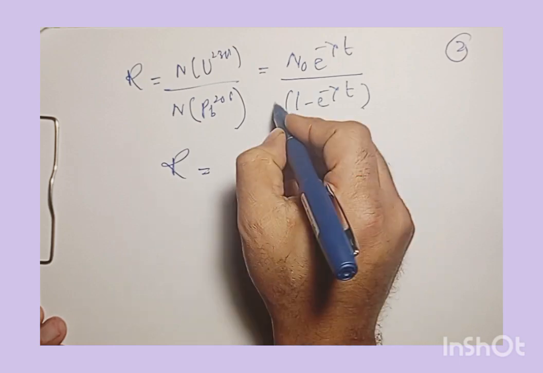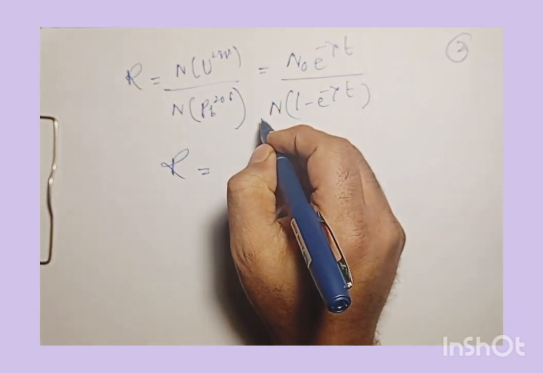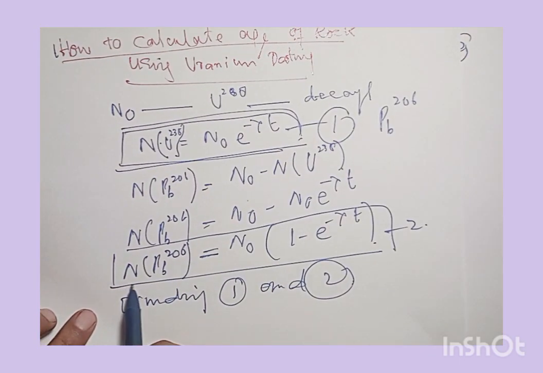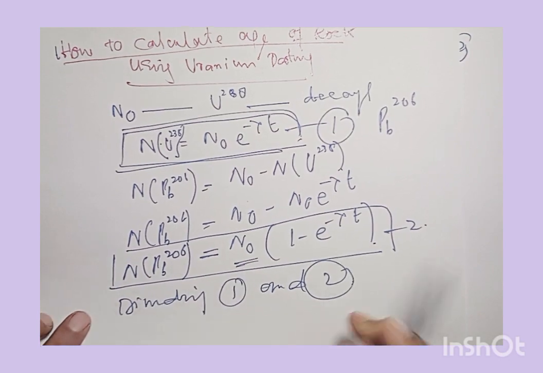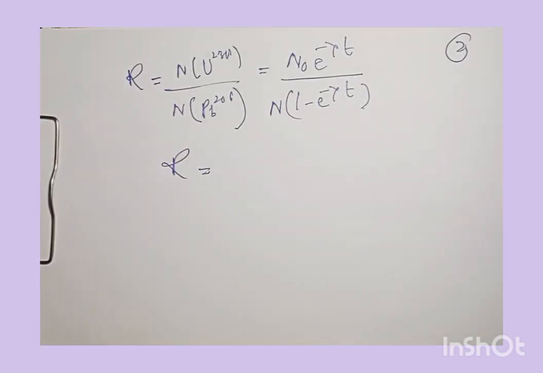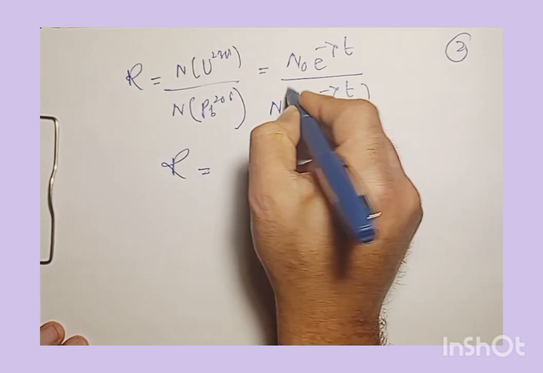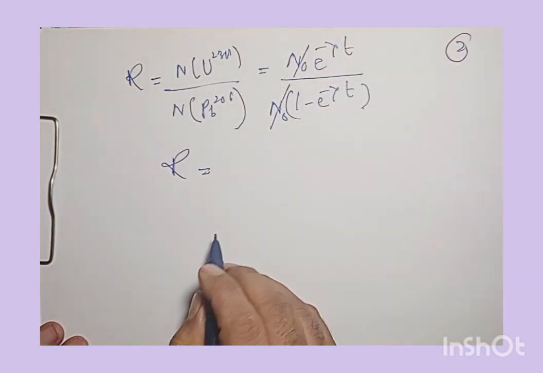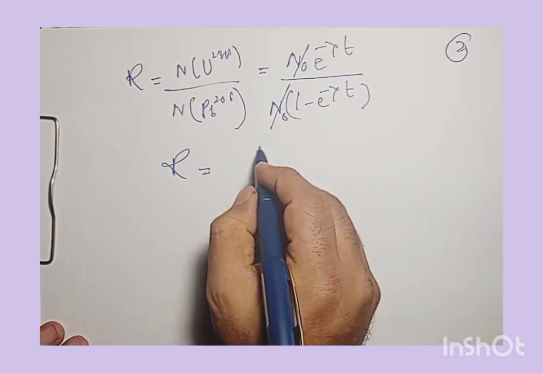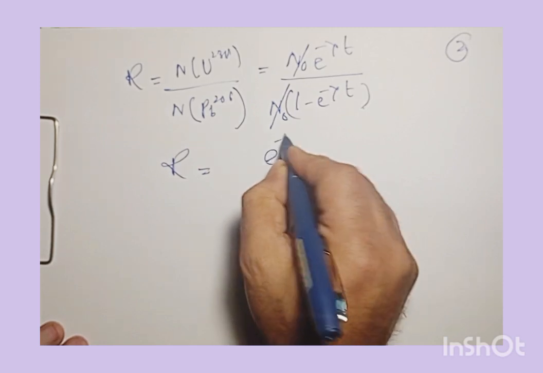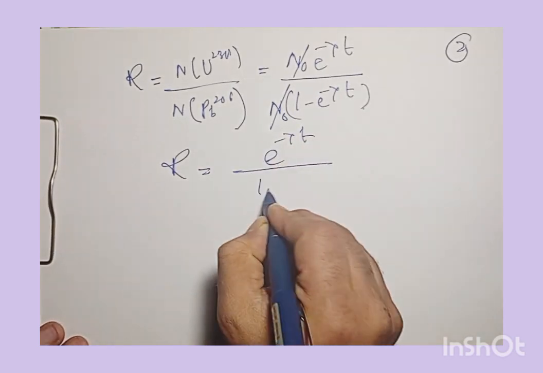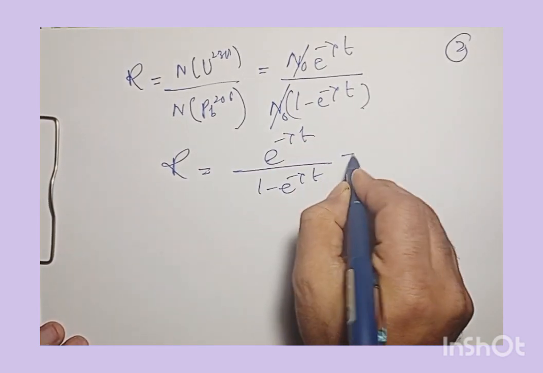And here I must have N0. N of lead 206 is N0 times 1 minus e to the power of minus lambda t. So this N0 and N0 will cancel. So I have a ratio R equal to e to the power of minus lambda t by 1 minus e to the power of minus lambda t.